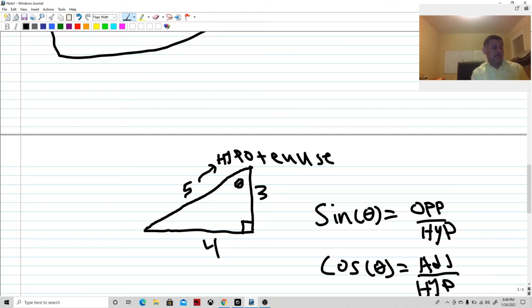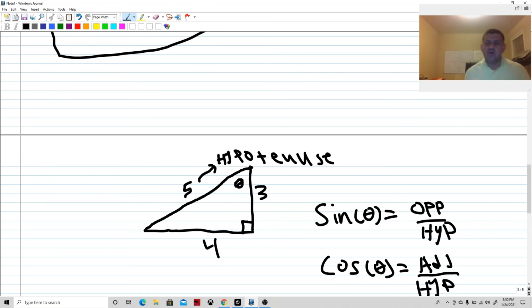If I change the mode to degrees, the inverse tangent of 4/3 is equal to 53.13 degrees, right?